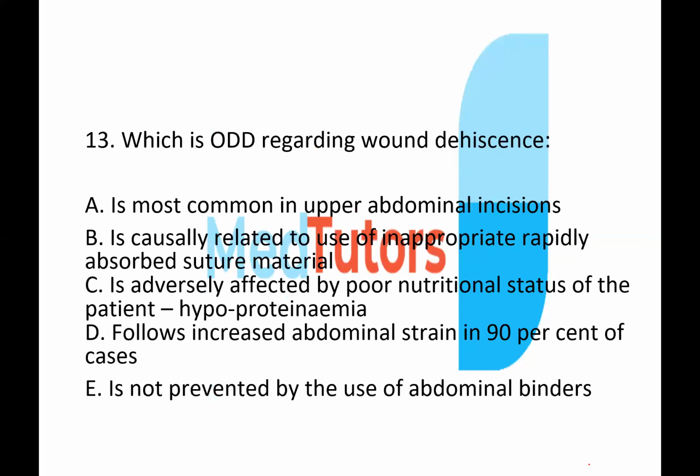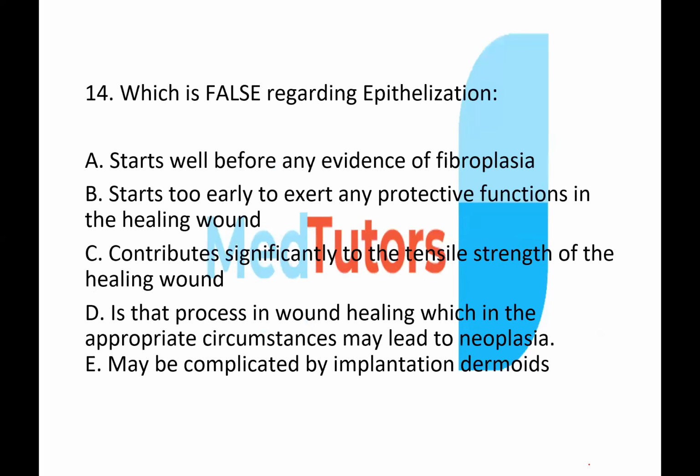The answer is the one that is odd here, A. Which is false regarding epithelialization? A: starts well before any evidence of fibrosis. B: starts too early to exert any protective function in healing wounds.